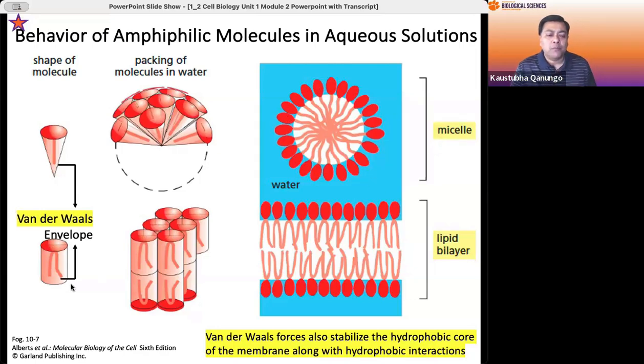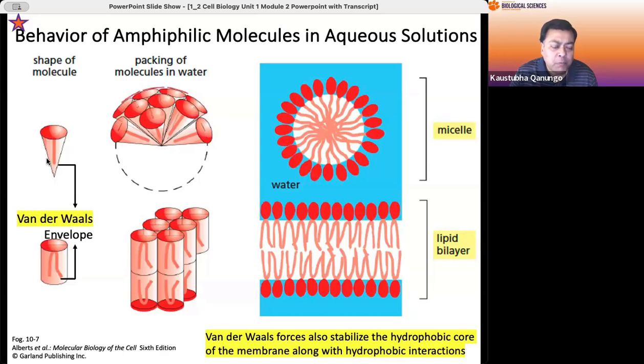On the other hand, all the typical lipids that we see in the membrane have two fatty acid tails, except of course cholesterol, which is a different class. But phospholipids and sphingomyelins all have these two fatty acid tails, and they pack in a little bit different way. The structure of that is known as the van der Waals envelope.